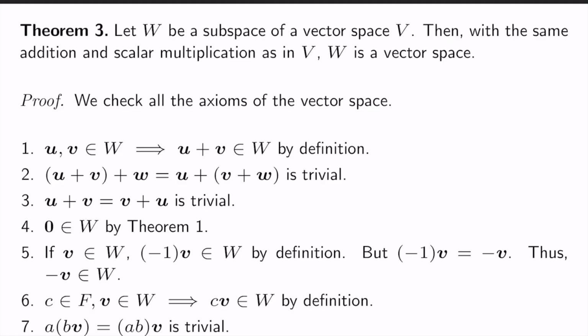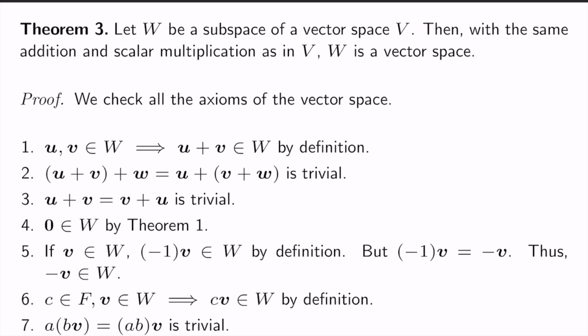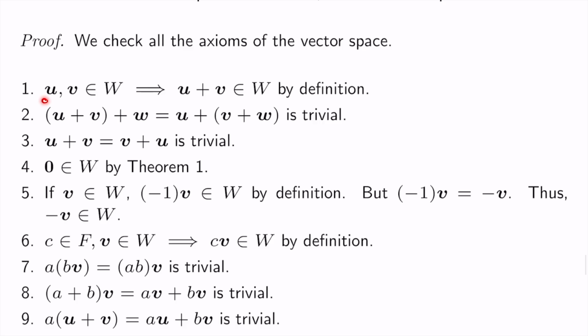Let's prove this. To prove some set is a vector space, we need to show that with addition and scalar multiplication, it satisfies the 10 axioms of the vector space. So that's what we will do. So the first axiom, W is closed under addition.